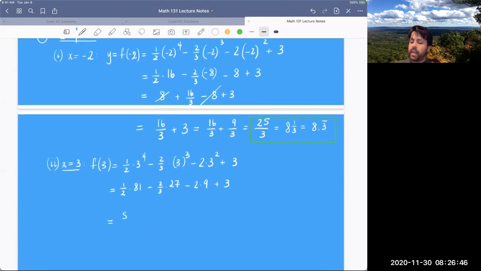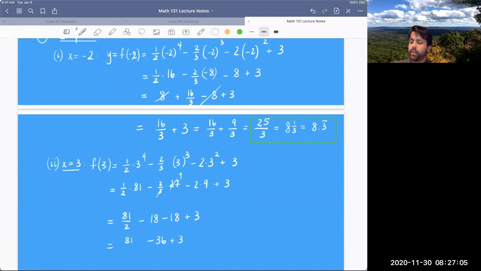So I'm going to leave this as 81/2. The 3 goes into 27 9 times. 2 times 9 is 18. Minus 2 times 9 is minus 18 plus 3. So this is going to be equal to -36 plus 3.